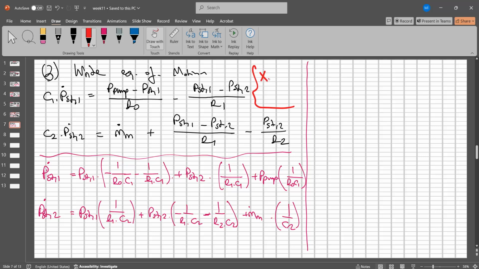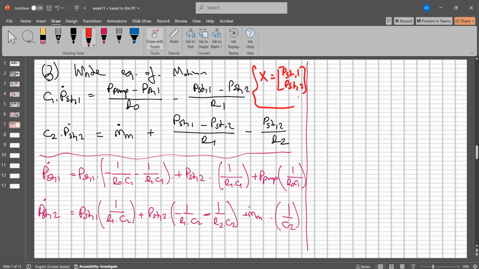And so x is equal to PST1 and PST2. Okay? Yes. No, a 2 times 2 matrix should be given here. Okay? Because we have 2 states.